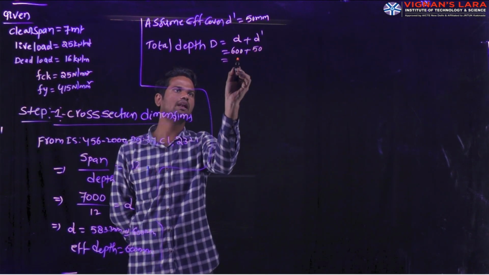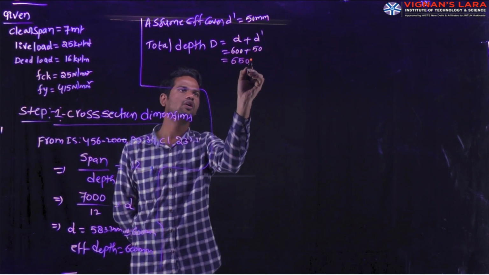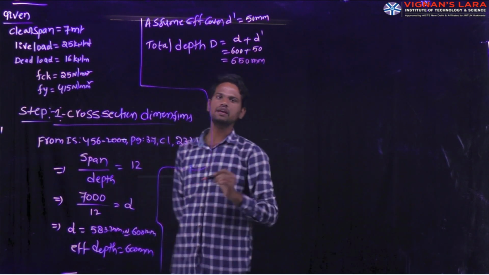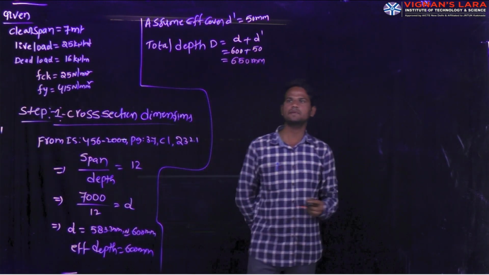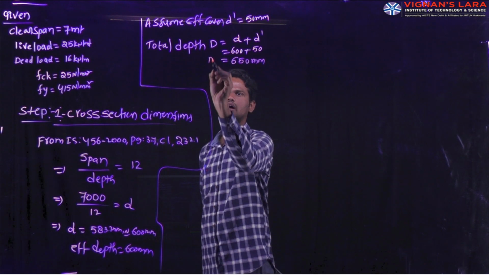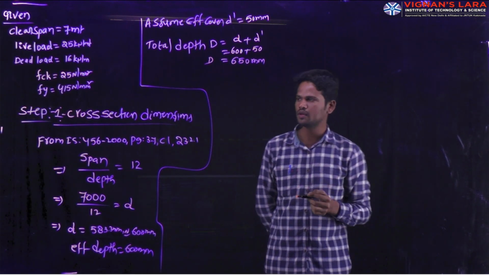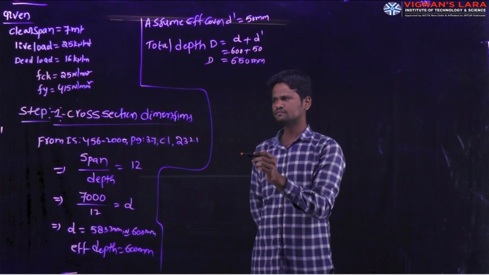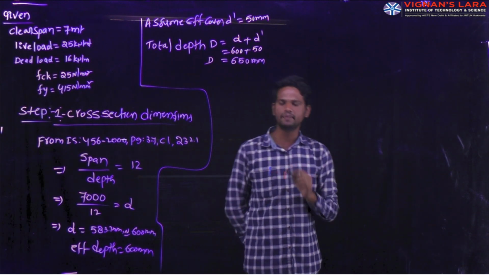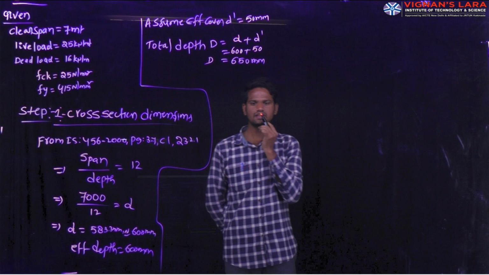If you calculate this, you get 650 mm, which is the gross depth or total depth of the beam for our doubly reinforced beam. We calculated the effective depth as well as the total depth of the beam.